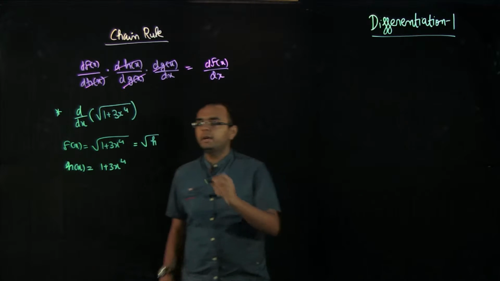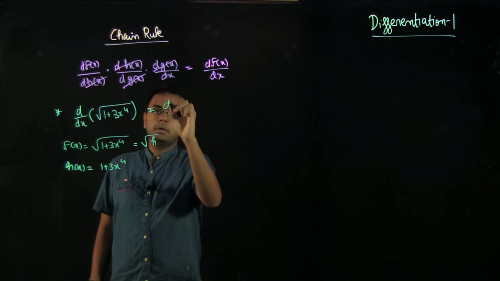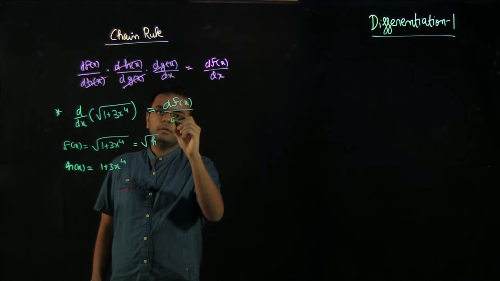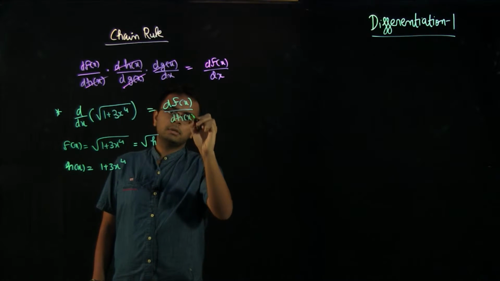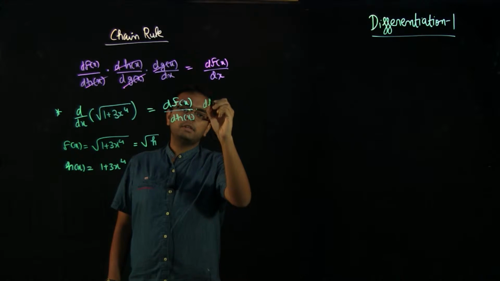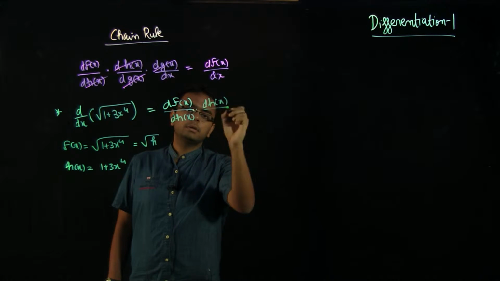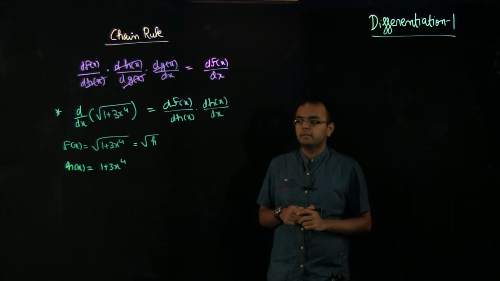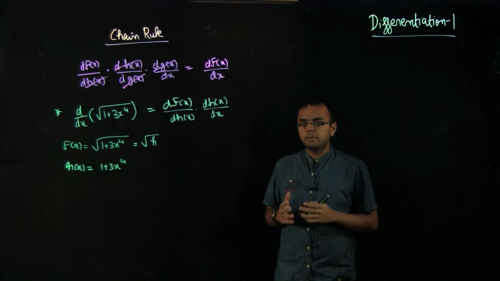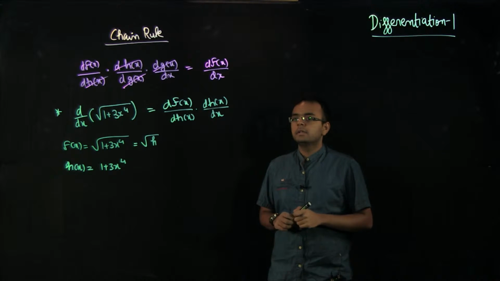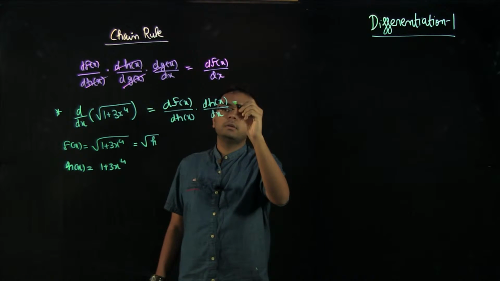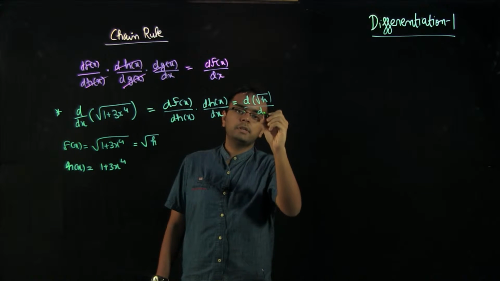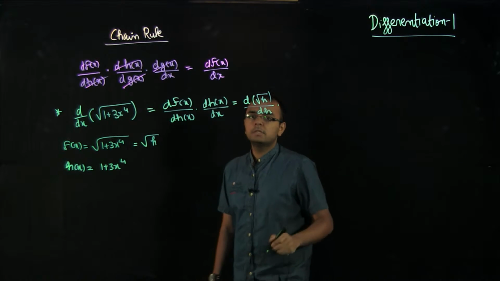So now I can write this as d of f(x) by d of h(x) into d of h(x) by d of x. Okay, I hope this makes sense. What does this mean? It means I am trying to differentiate d of root h by d of h, right, into dh by dx.